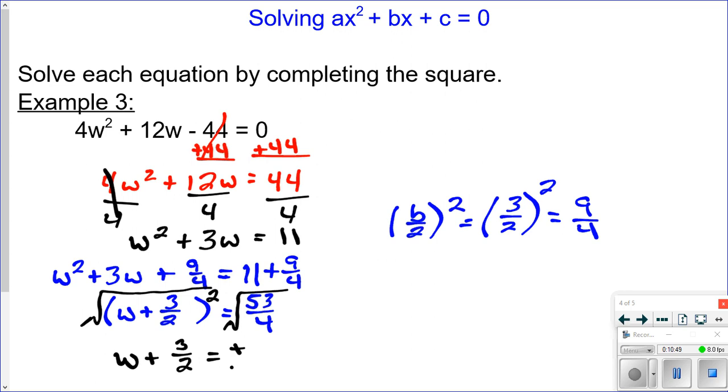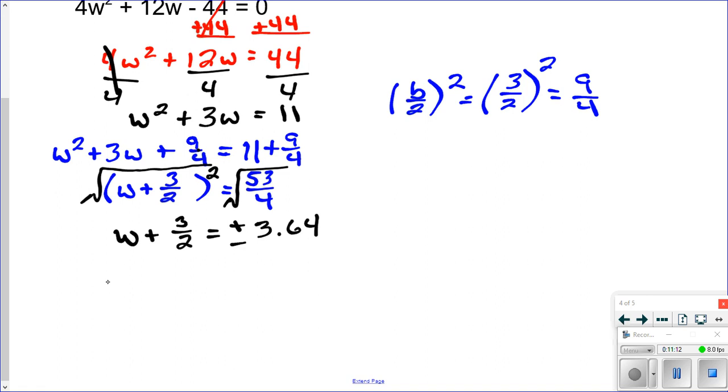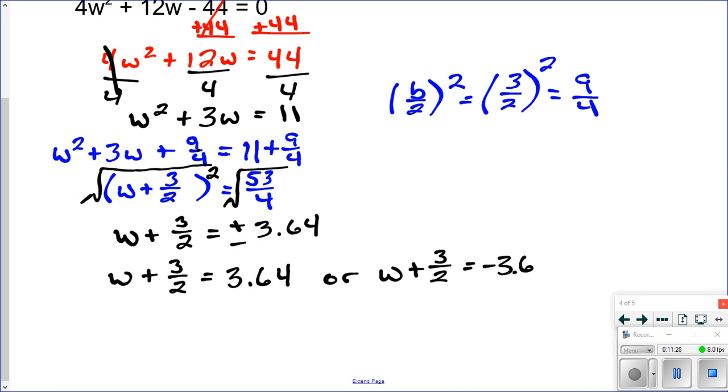Okay, so it comes out to positive or negative 3.64, 3 and 64 hundredths. Okay, so now we're going to split this apart into our two equations. So I have w plus 3/2 equals positive 3.64, or w plus 3/2 equals negative 3.64.